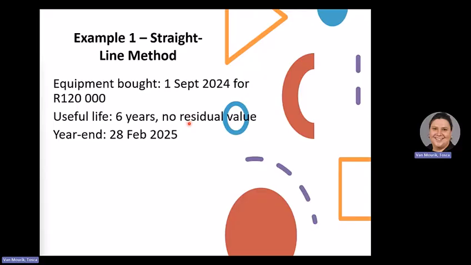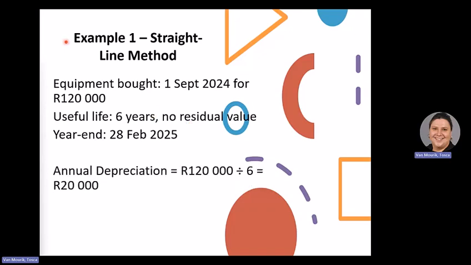If the question doesn't state anything of residual value, then it simply means there is no residual value for that specific asset. Alrighty, so let's look at what the depreciation is. For the straight line method, we will take the 120,000, no residual, over the 6 years useful life.